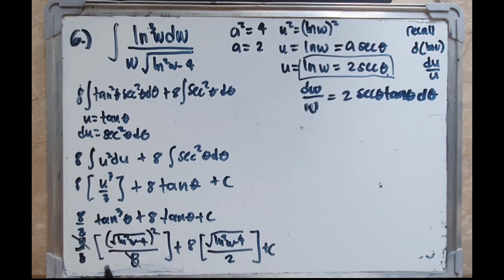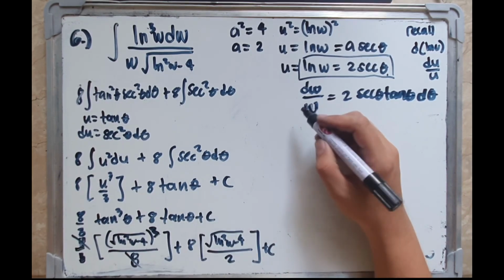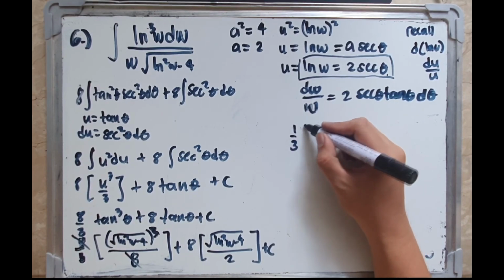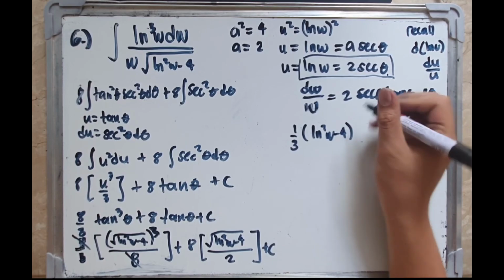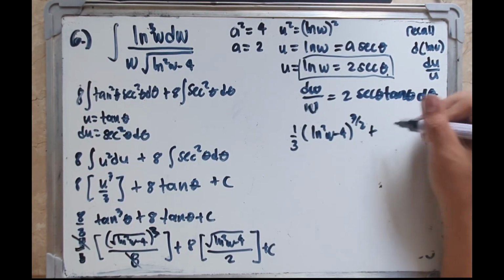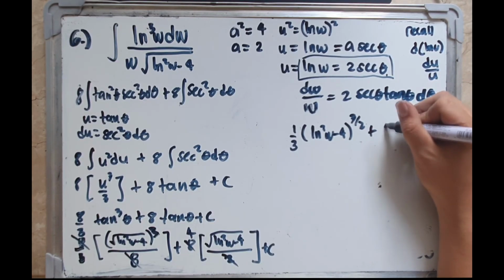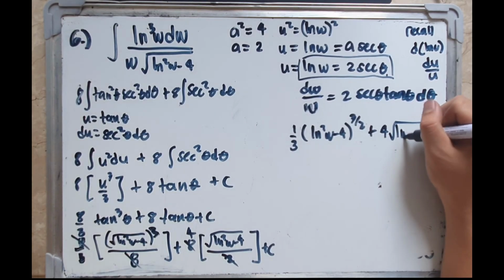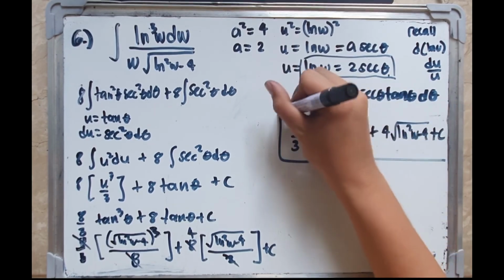So this is not squared, this one is cubed, sorry, tangent cubed. So we have 1/3 ln squared w minus 4 raised to the power of 3/2 plus, we now have 4 times the square root of ln squared w minus 4 plus c. This will be our final answer.